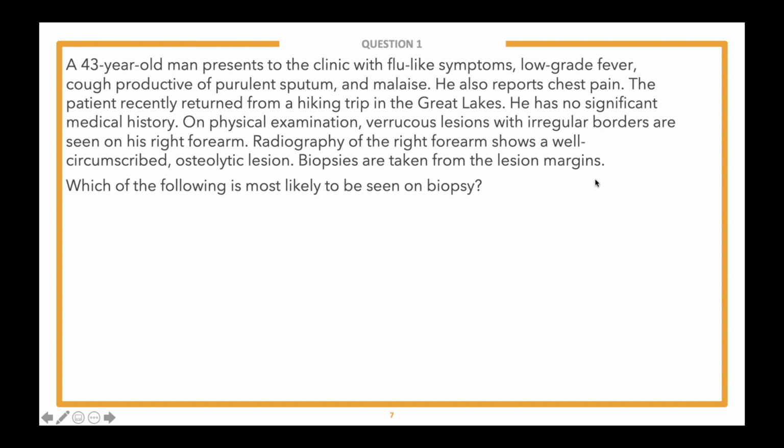I want all of you to start thinking about the important clues in this vignette and in the lead-in as I hand it off to Boris. Thank you, Sean. We'll show you what we think are the important clues in this vignette and the lead-in. Anytime you have demographics, that's really going to start cluing you in on what's going on, helping to narrow that differential. This patient's presenting with some important signs and symptoms.